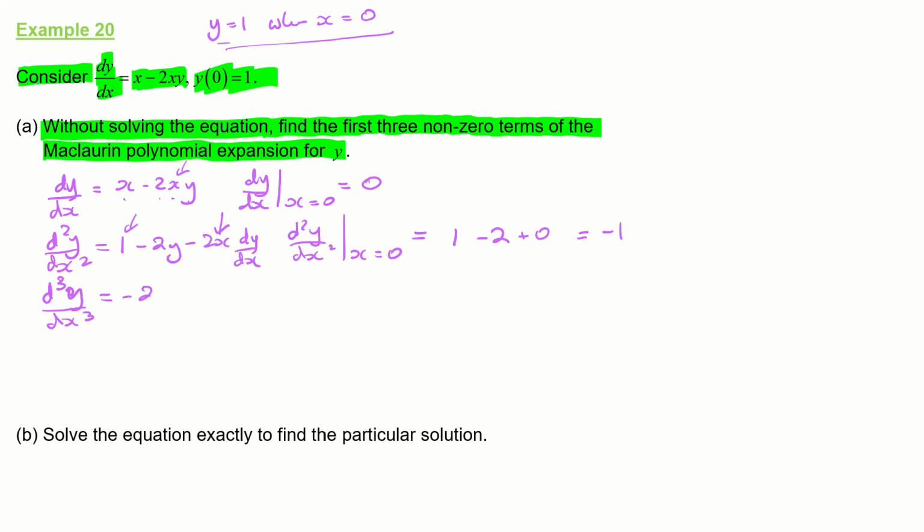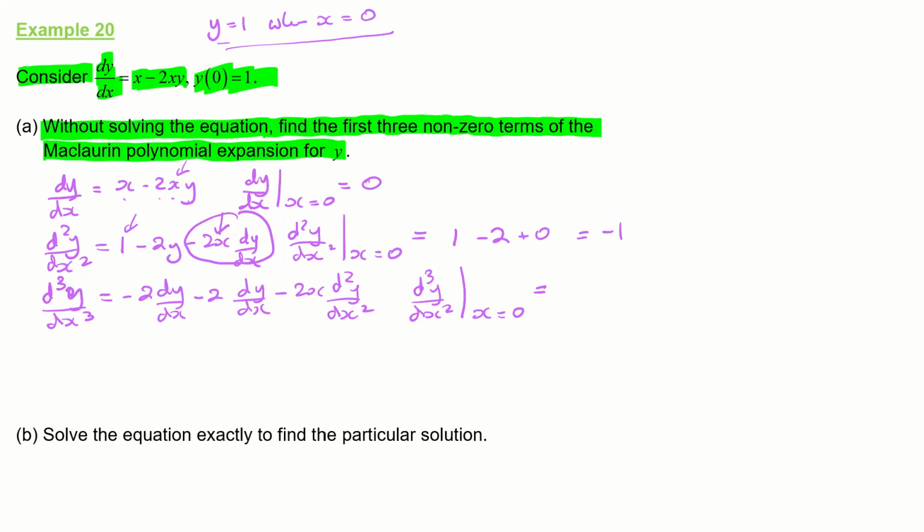We'll get minus 2 dy/dx. And then we need to treat this bit as if it is a product. And if we do that, we get negative 2 dy/dx, take away 2x d2y/dx squared. And we want to evaluate that when x is equal to 0.